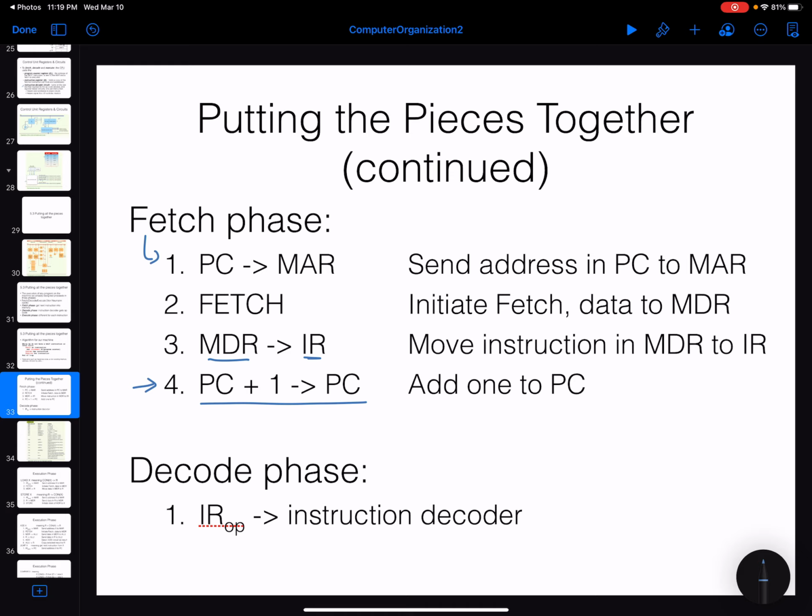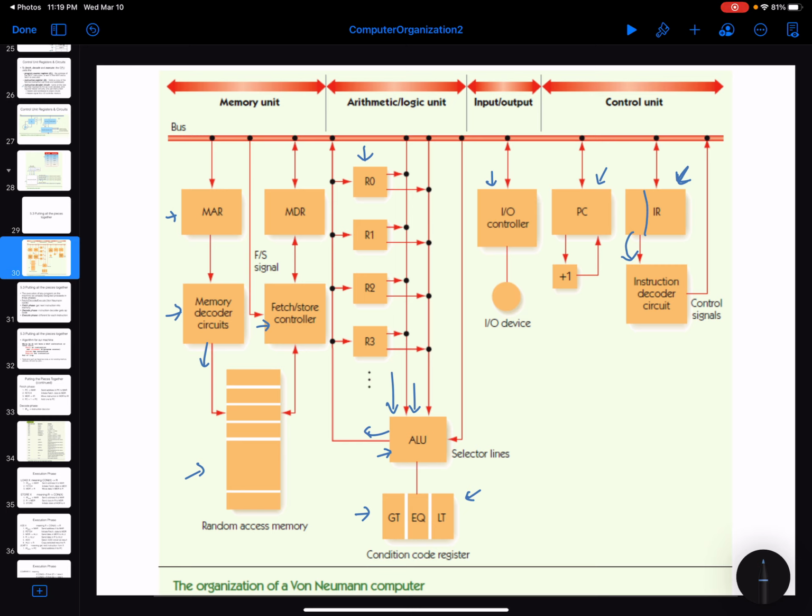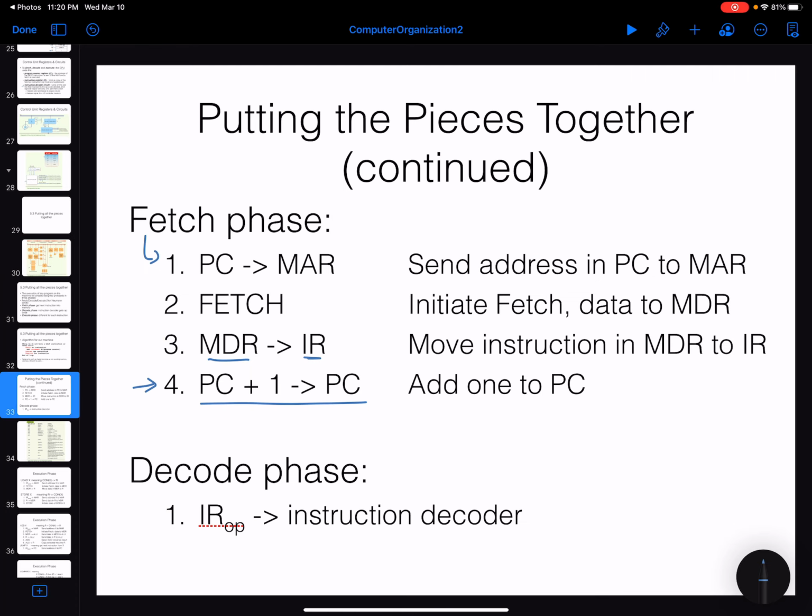So for the next step in the loop, the PC is already updated and everything is safe. Remember, even in the control unit, we have an adder circuit specifically designed for the PC. So after each fetch, the value of PC will be increased.